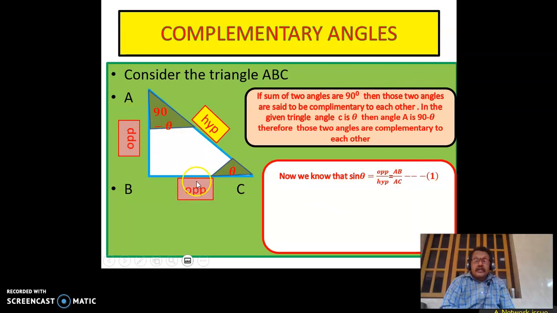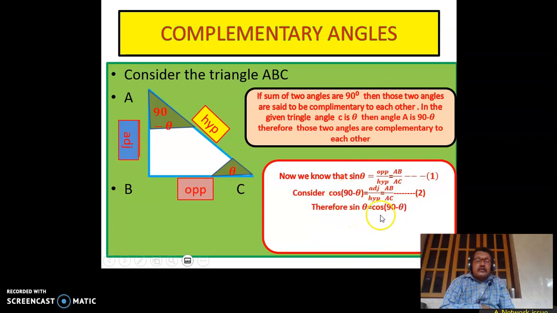For 90 minus theta, the opposite and adjacent sides swap. Cos of 90 minus theta equals adjacent by hypotenuse, so that is AB by AC. These two are equal. Therefore sin theta equals cos 90 minus theta.